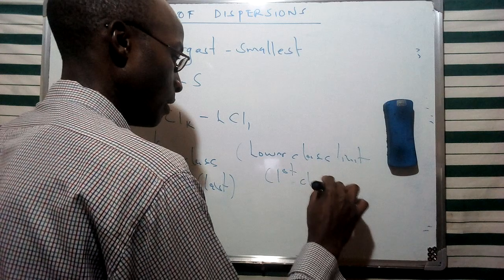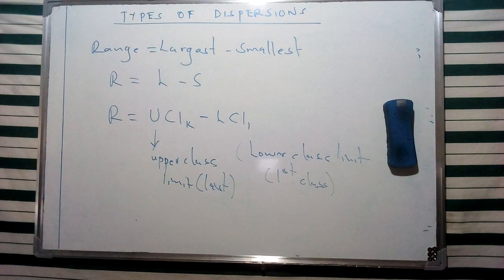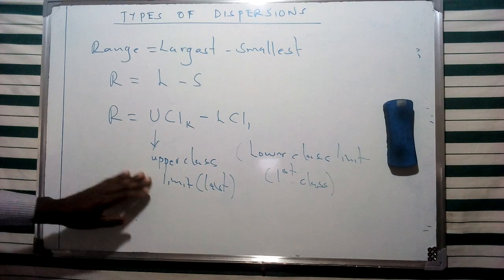So for grouped data, this gives us the difference between the largest and the smallest value in this particular case.